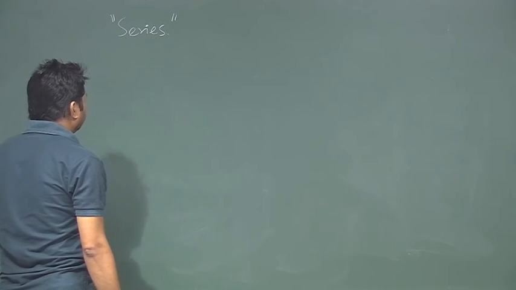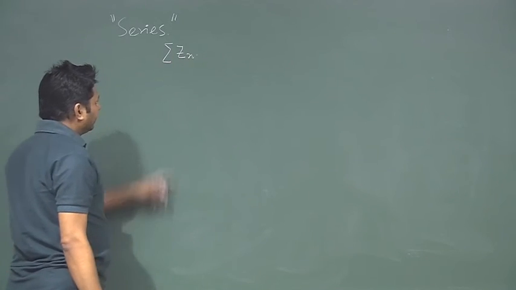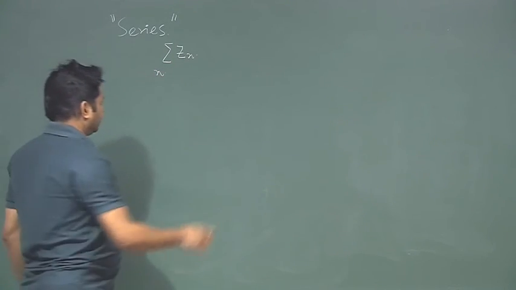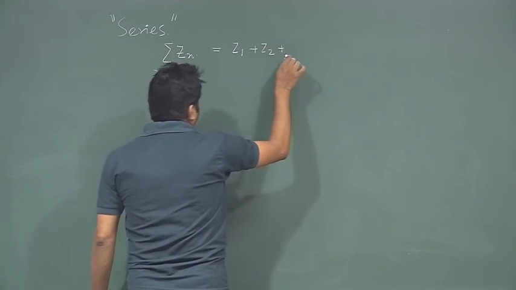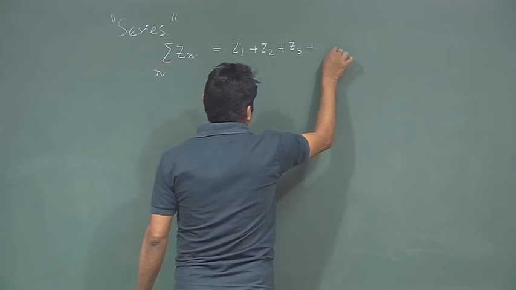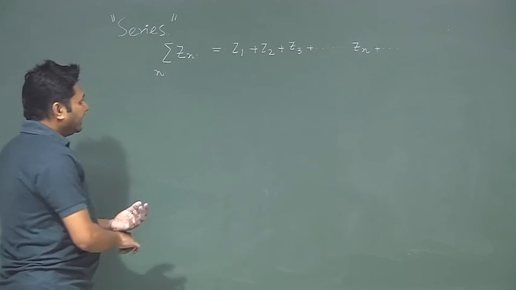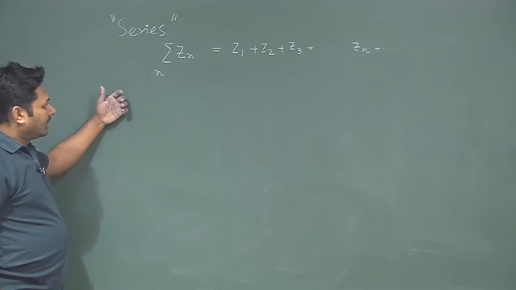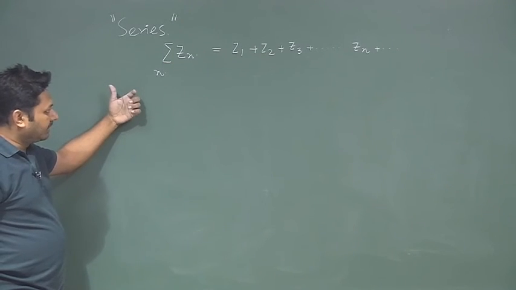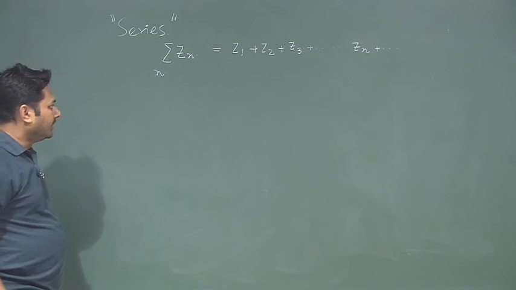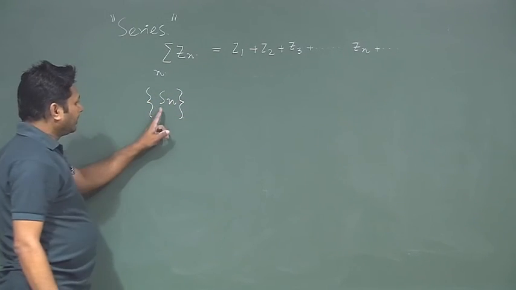Series is something where I have quantities Z1, Z2, Z3, and Zn and so on that I am going to add. We call them partial sums, and if I take the sequence of the partial sums, then I will have this. This is the sequence of the partial sums.